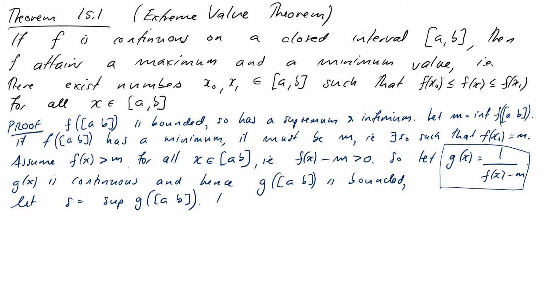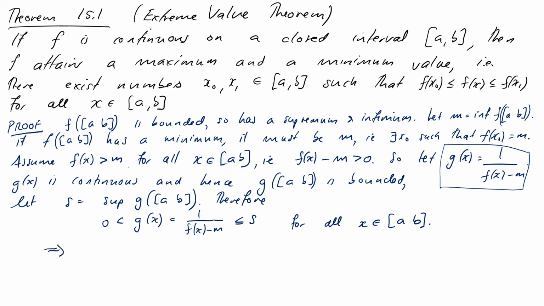Therefore, let's write down what we now know. We now know that g of x is between 0 and S for all x in our interval, where g of x is equal to 1 over f of x minus m. What we can do now is take the reciprocal of this whole thing and reverse the direction of all the inequalities.